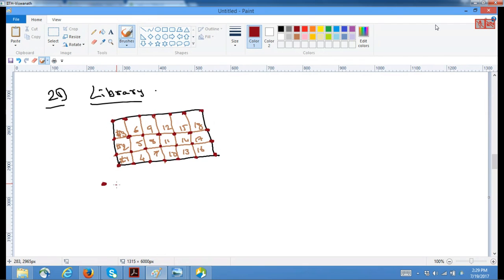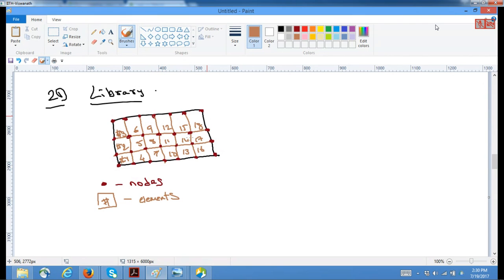These are nodes, and these are elements.